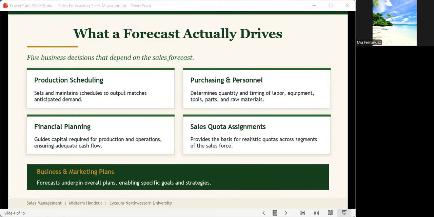And if that happens, it would demotivate your salespeople because it's unrealistic, right? You think that they could do it, but you're just guessing. So better yet, you have to base it again on actual data. Okay. So forecasts underpin overall plans, enabling specific goals and strategies.